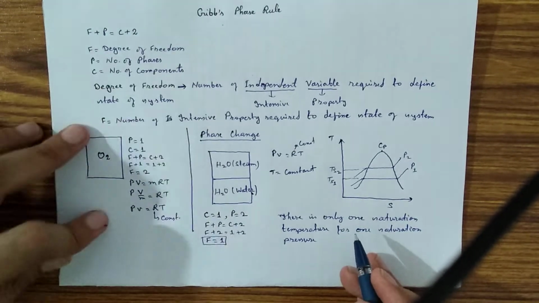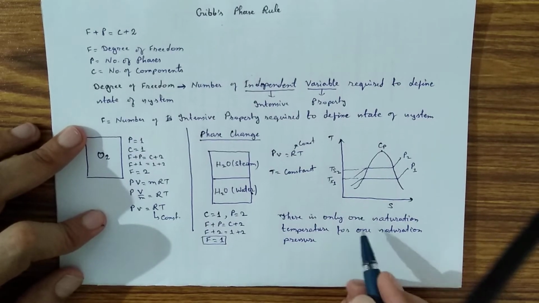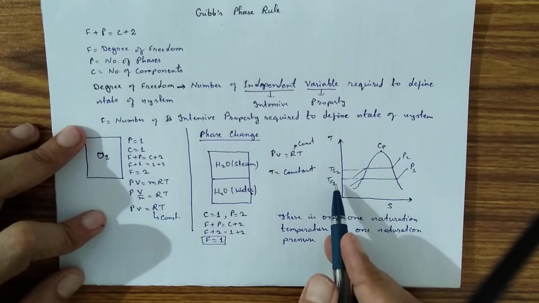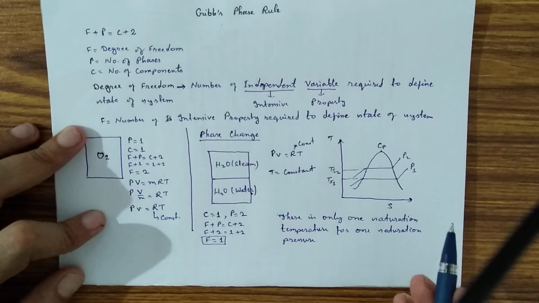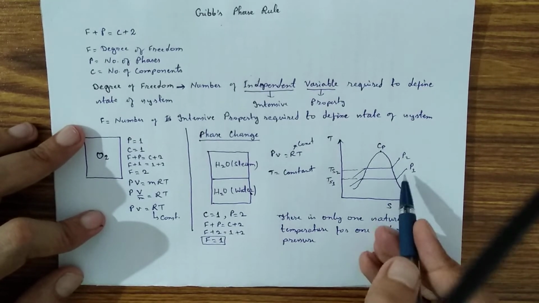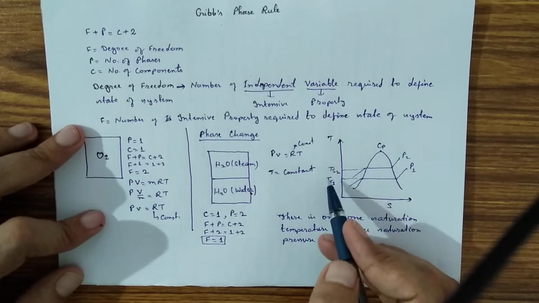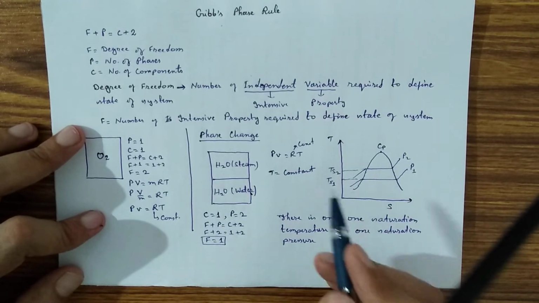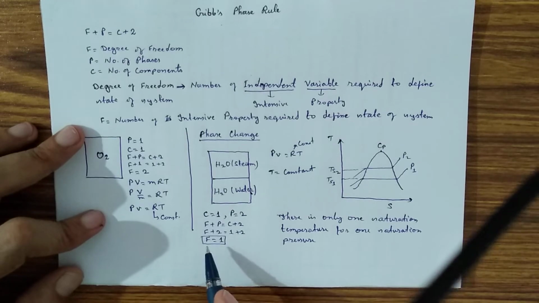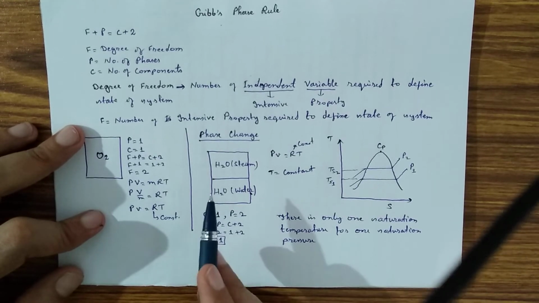For one saturation pressure, we will have one saturation temperature, and for another saturation pressure, we will have another saturation temperature, since the degree of freedom is 1 for phase change.